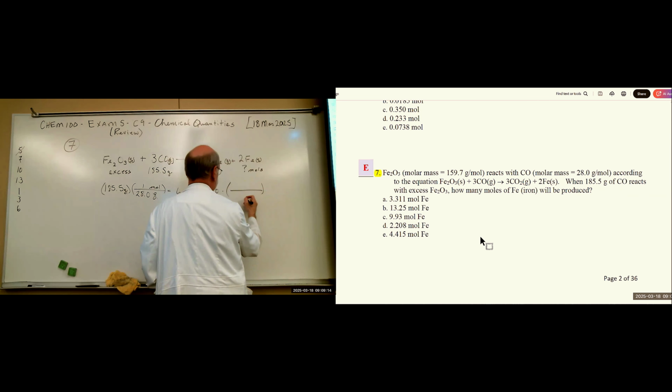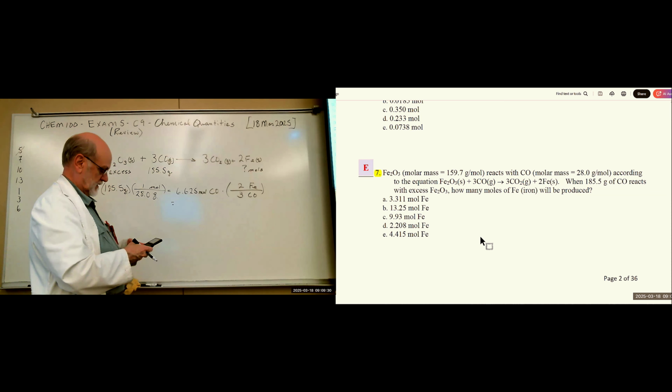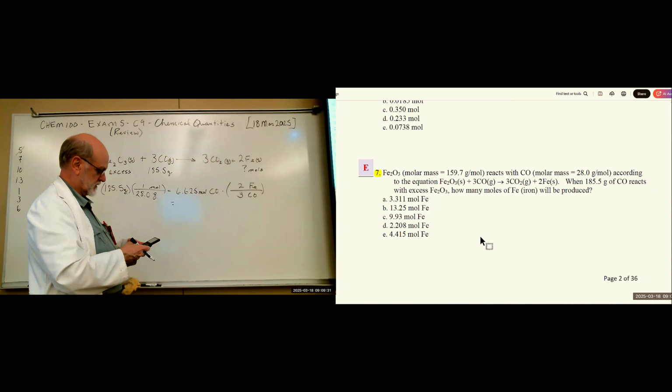Okay, and this should give us our answer because the question is how many moles. So 6.625 times 2 divided by 3 is 4.417 moles of iron. All right, closest one to that is E.